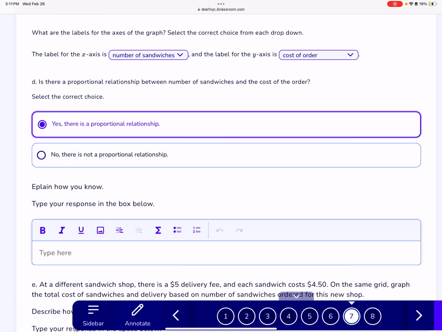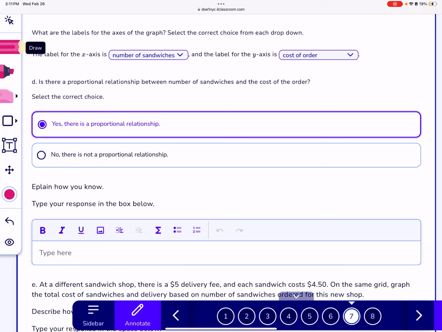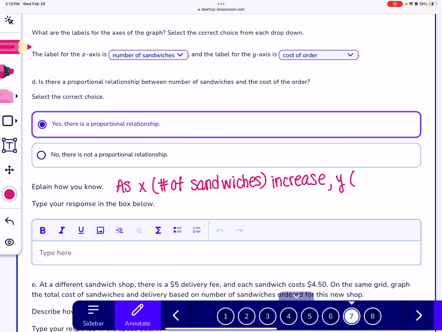And we know this because as x, or number of sandwiches, increases, y, also known as the total cost of the order, also increases.